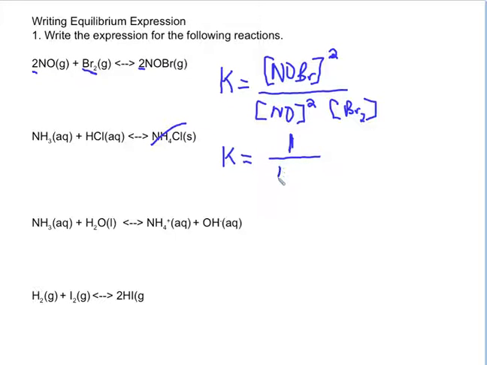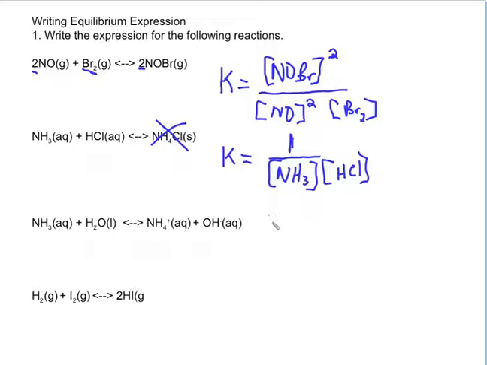And then we're just going to do NH3, and we'll put that in brackets. That just stands for the concentration, and there's no coefficient, so the power will be 1. And then HCl, we'll put it in brackets. Okay, so to review, don't include solids in your equilibrium expressions. They're not included, so don't put them in there.